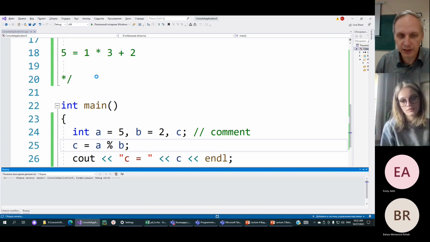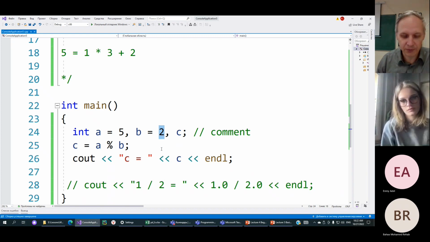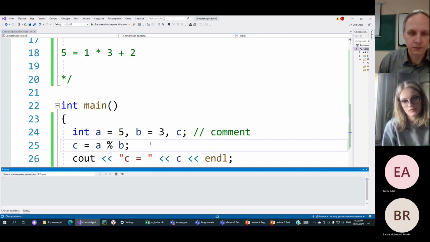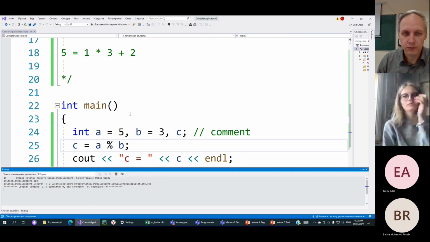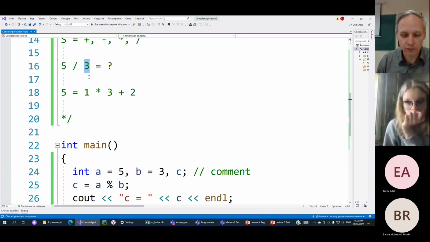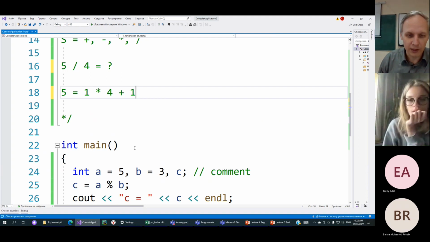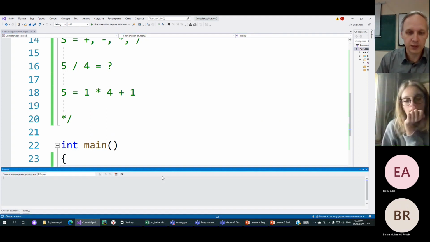So in this case, the result will be 1, but if I consider the remainder operation 5/3, the remainder will be 2. If I consider 5/4, what will be the remainder? 1. It's 1 times 4 plus 1. 5/4, the remainder is 1.